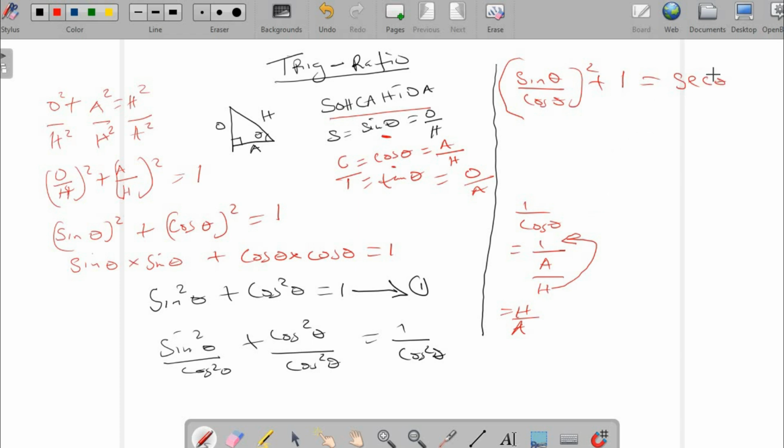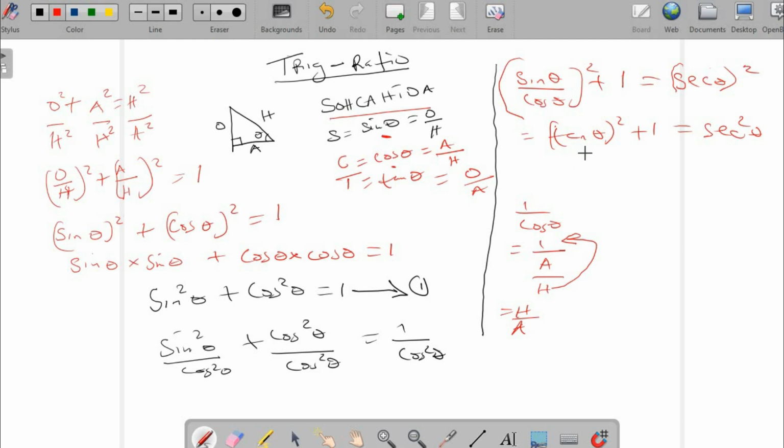Because of the square, it's going to be sec squared theta. Now the whole of sine theta over cos theta gives us tan theta, squared, plus 1 is equal to sec squared theta.